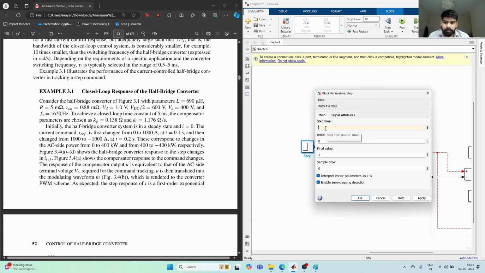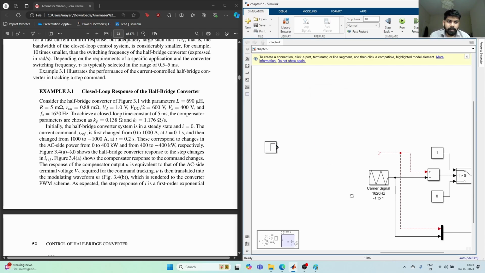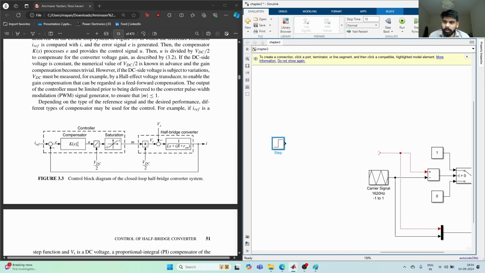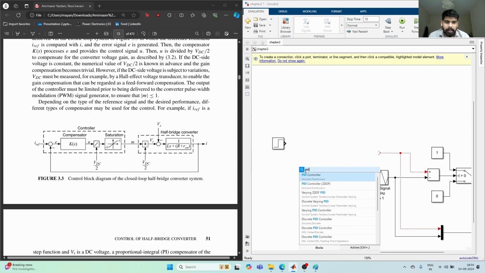Step time, let's say at 5 seconds, we want the current reference changing from 0 to 1000 amps. This should go into the PID controller.